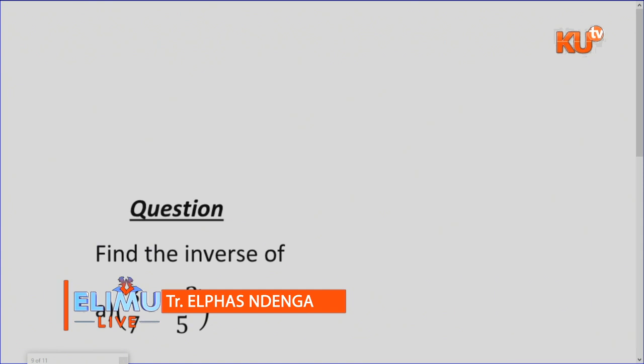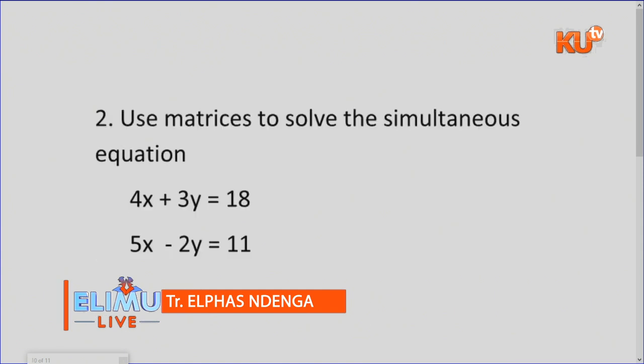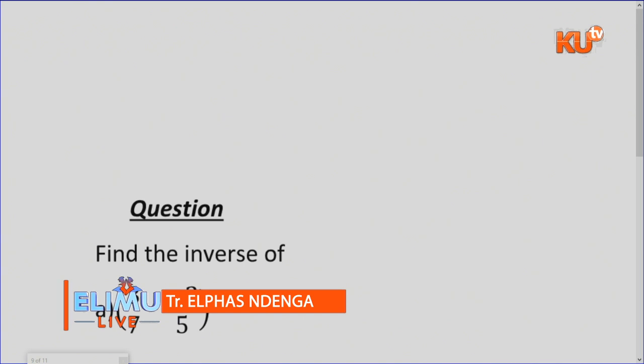Good. So let's look at the following questions and see how we work out the inverse of these matrices. We want to work out the inverse of the matrix 3, -2, 7, and 5.